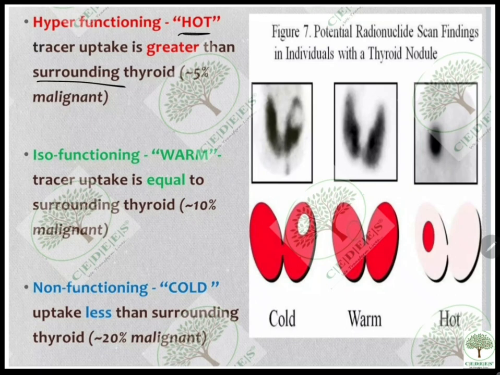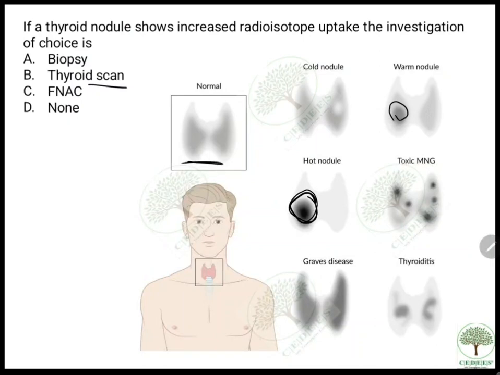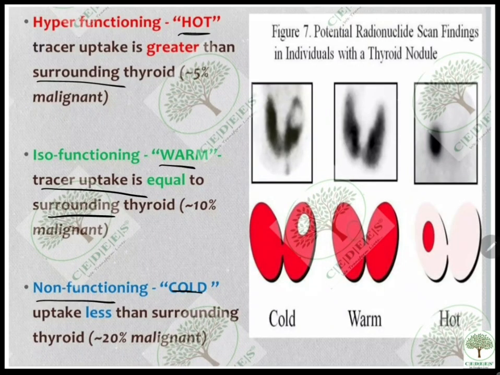Similarly, you can have something known as a warm nodule, wherein the tracer uptake is equal to that of the surrounding thyroid, that is, it's evenly taken up. Whereas you can have a non-functioning or a cold spot, that would indicate that the uptake is lesser than the remainder of the surrounding thyroid. So it could indicate hypofunctioning or hypothyroidism.